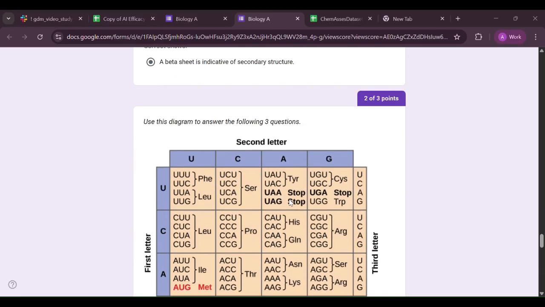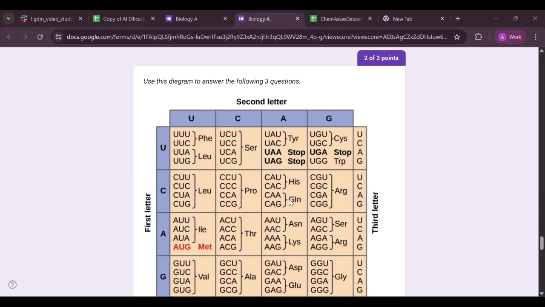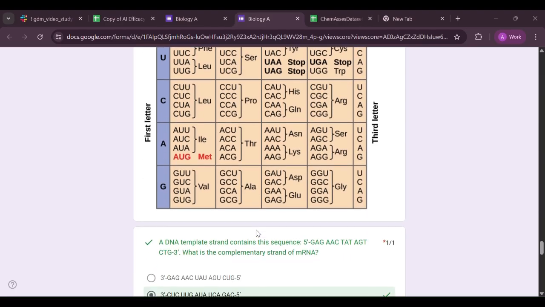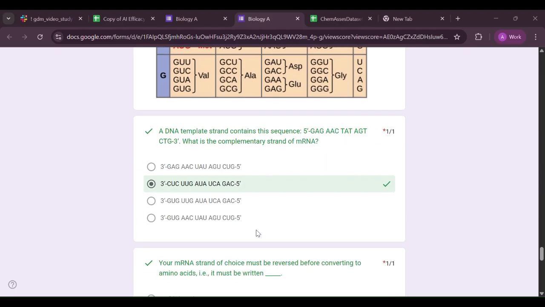So moving ahead to the next part, as we can see here, the sequence and the respective amino acids are given here. Based on this, the question is: our DNA template strand contains this sequence, 5' GAG AAC TAT AGT CTG 3'.